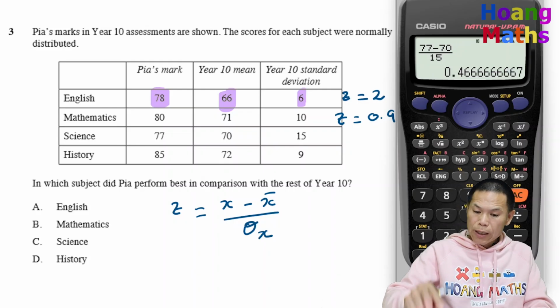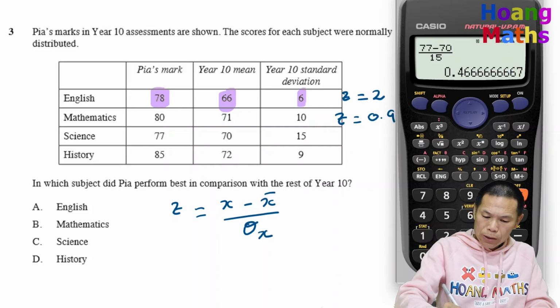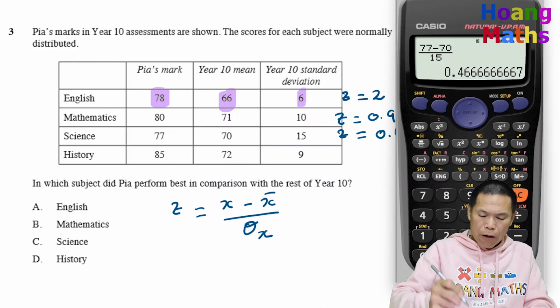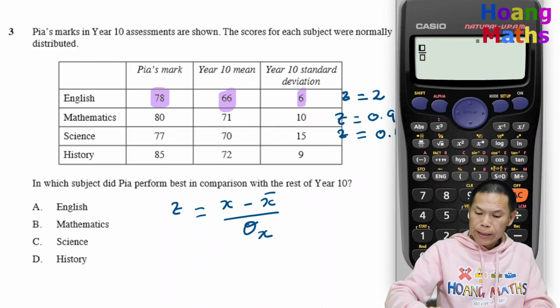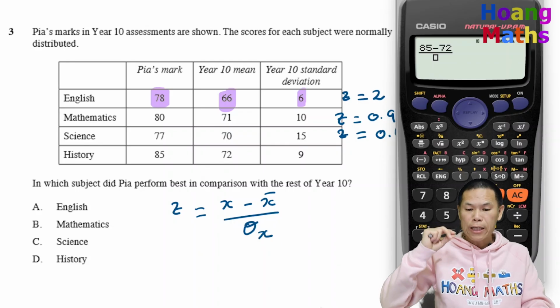That is 0.47, so Z is equal to 0.47. Now for history, 88 is the X, and we minus the mean, 72. Then we divide by the standard deviation, that is 9.